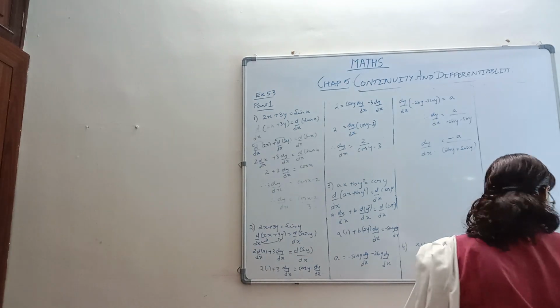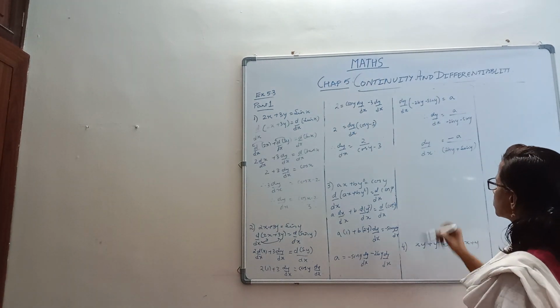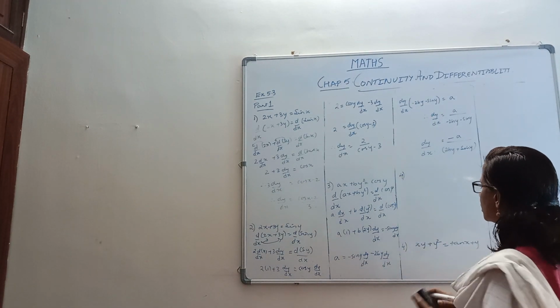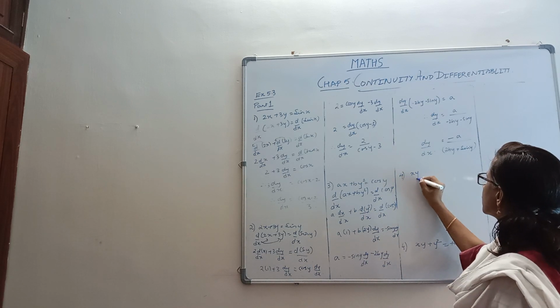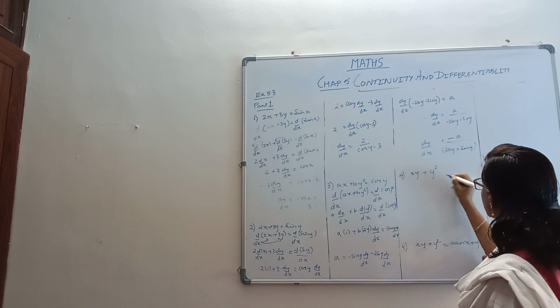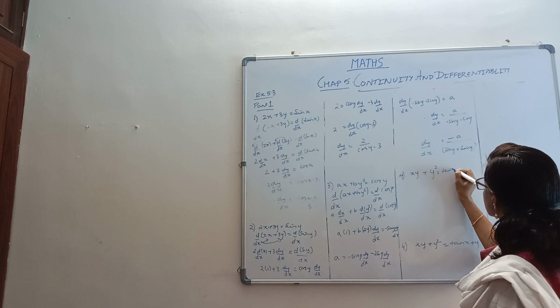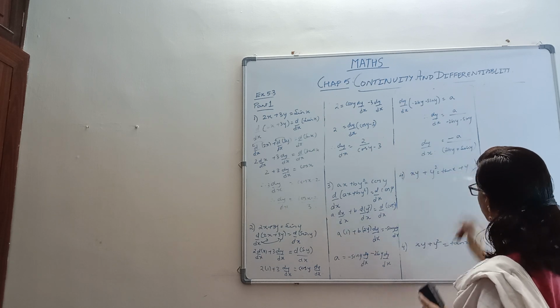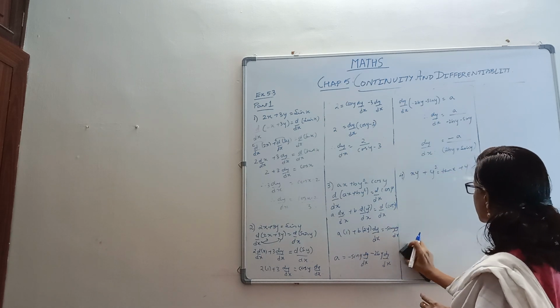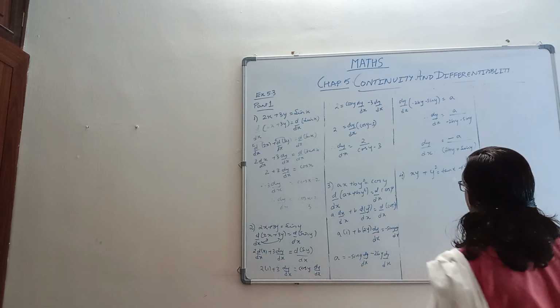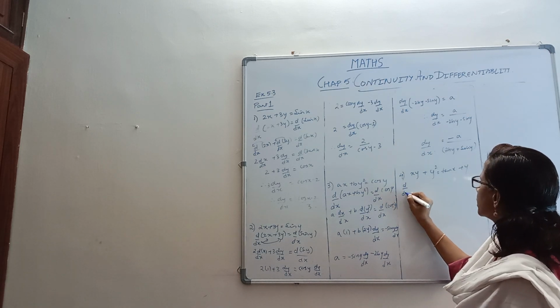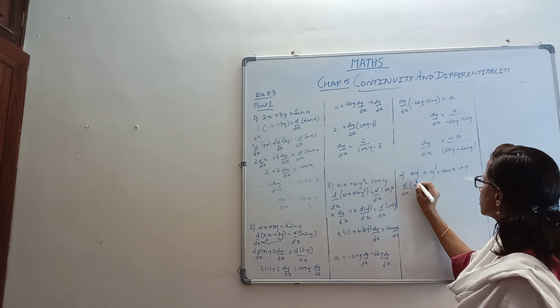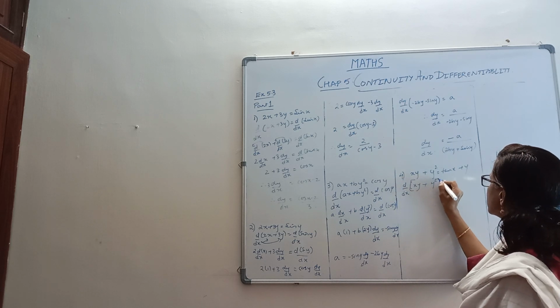Fair enough. As soon as that is over, let's take the next problem: xy plus y squared is tan x plus y. We'll take d by dx on both sides, so derivative on both sides. It's not going to be an easy affair because it looks quite complicated.